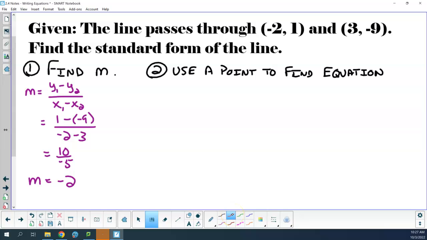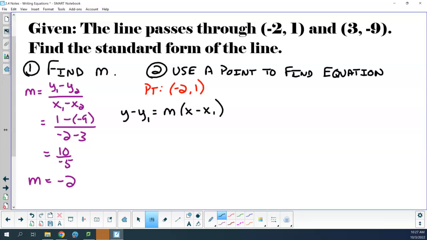So if I use the point (-2, 1), then I would use my point slope form of y minus y sub 1 equals m times x minus x sub 1.